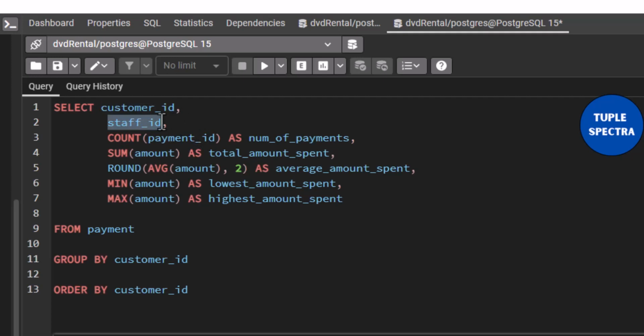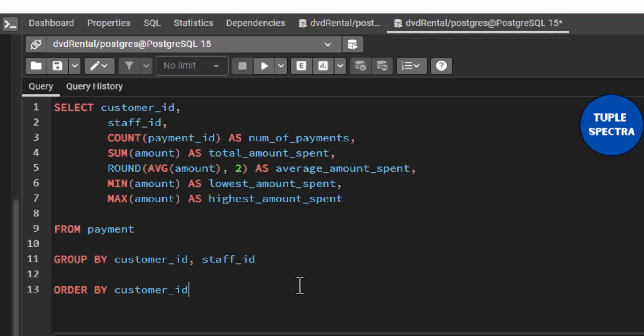In the case of these two columns that we want to group by, you have to make sure that this is also right here, otherwise you are going to get an error.